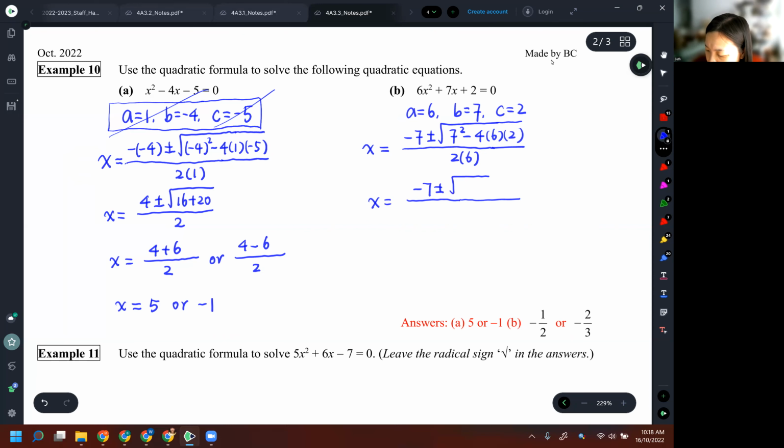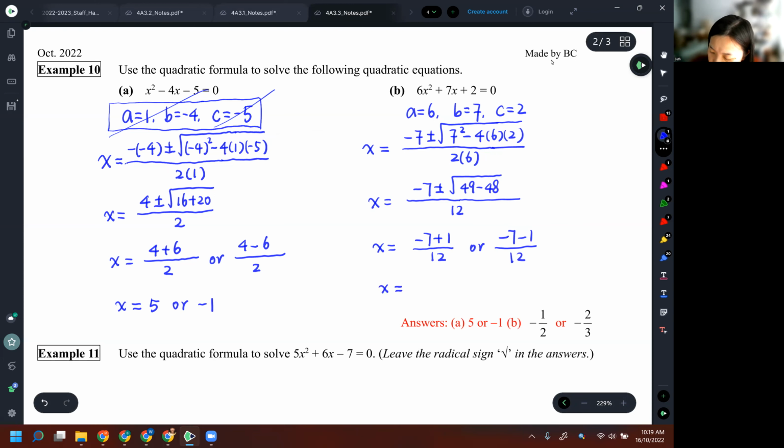This one is 49 minus 48, which is 1. So negative 7 plus 1, or negative 7 minus 1.